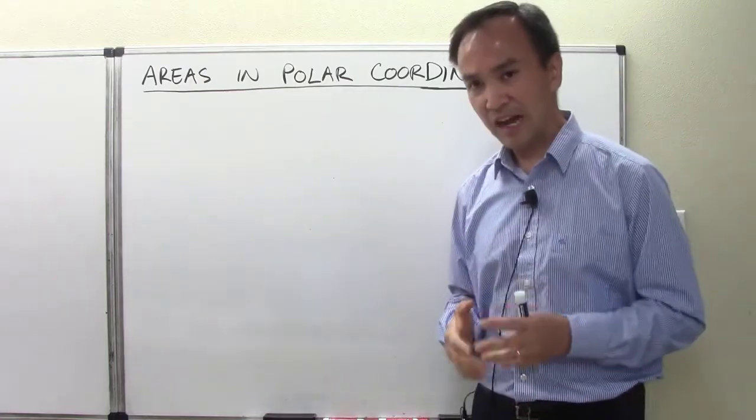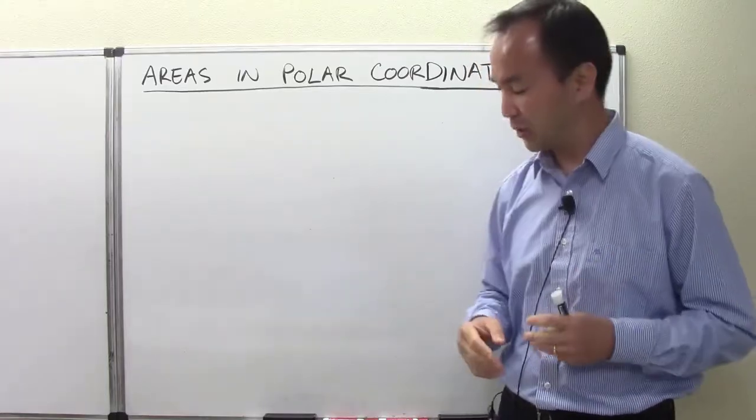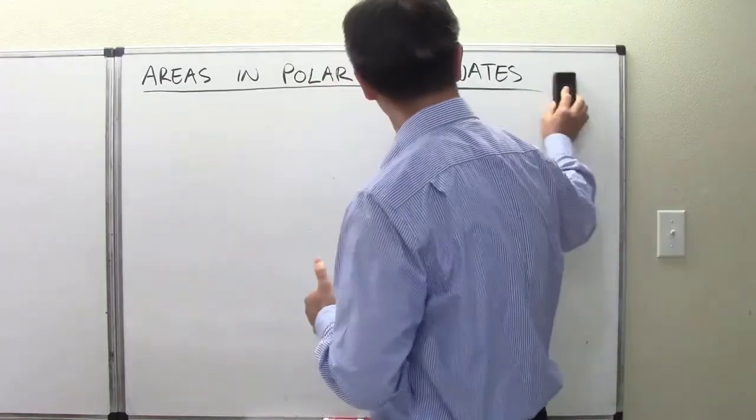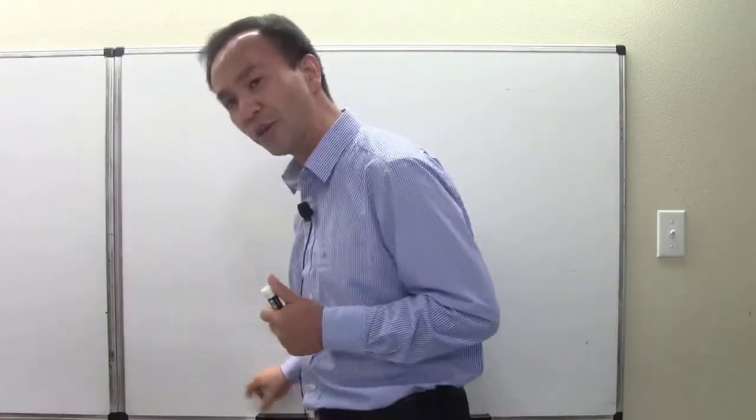Allow me to introduce the idea before we rush into doing the work here. The primary goal is to find the area of a curve that is represented in polar coordinates.